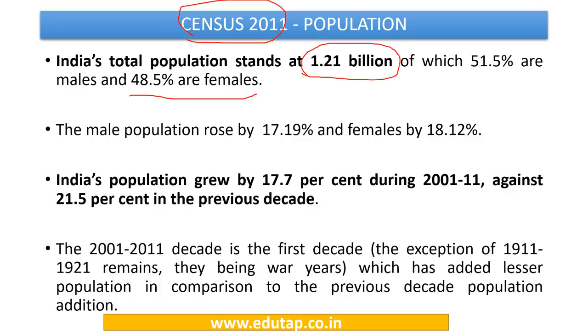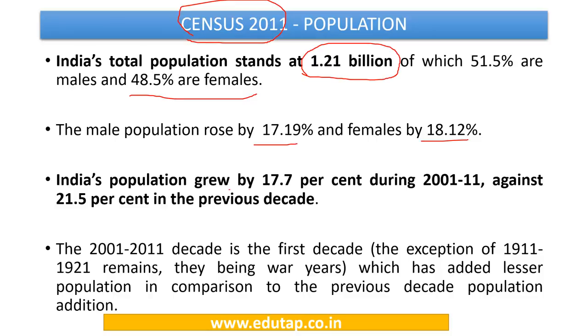Further, the male population in this period, 2001 to 2011, rose by 17.19% and female by 18.12%. Again, these are approximate figures, and you may find some variance in other data sets you might be referring to. So you just have to obtain an idea with respect to this.